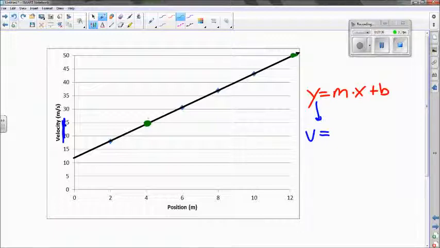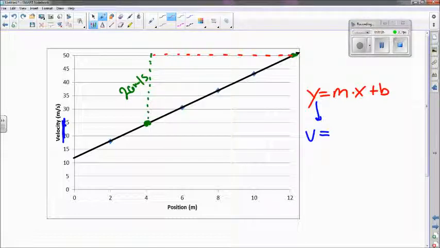So we're going to find the change in the y-axis, and we're going to divide that by the change in the x-axis. So the change in the y-axis, it looks like I start out actually a little bit below 25 meters per second, and it goes up to 50 meters per second. So I think this is going to start at 24. So from 24 to 50 meters per second, that would be a change of 26 meters per second.